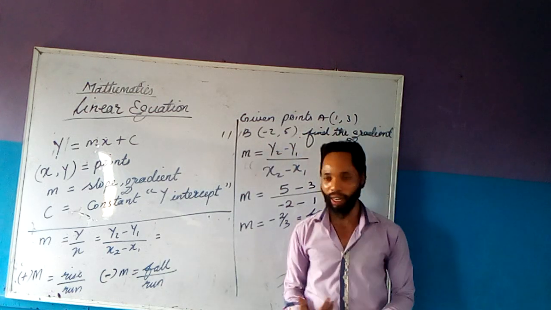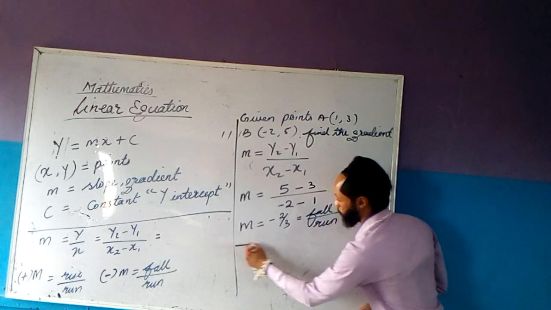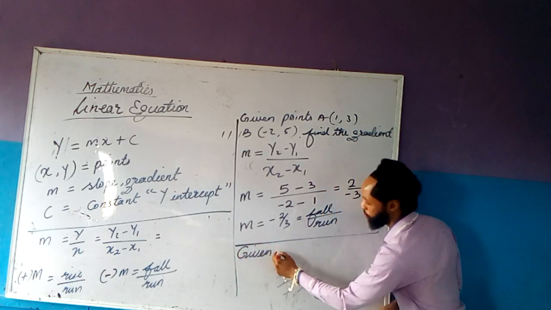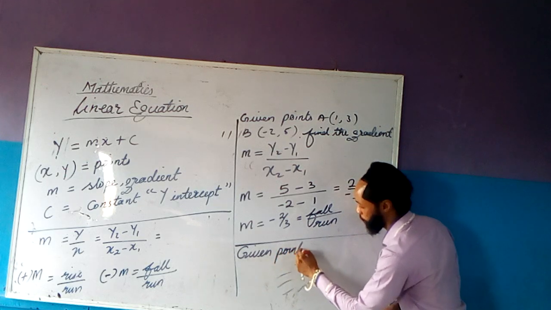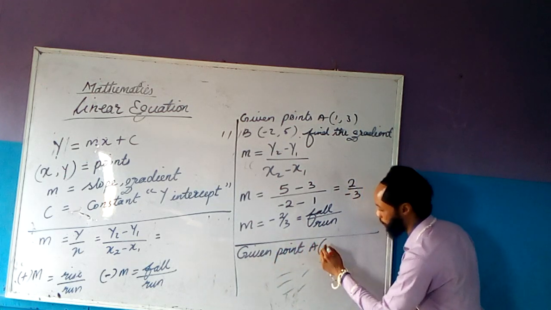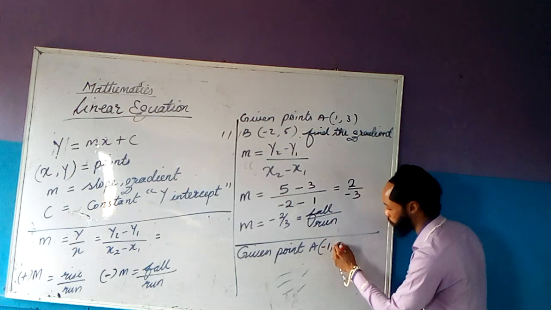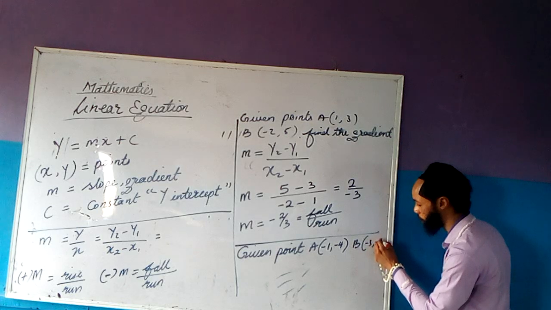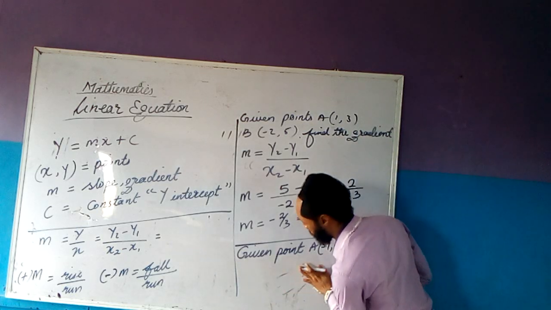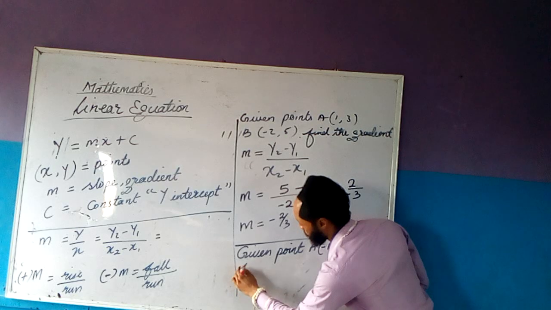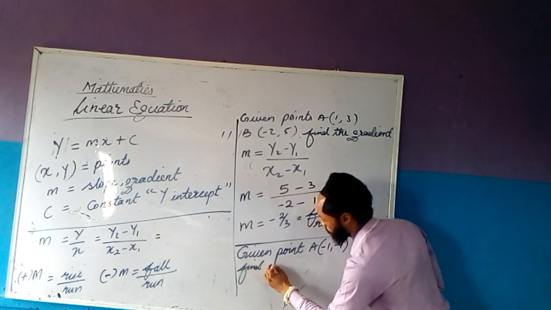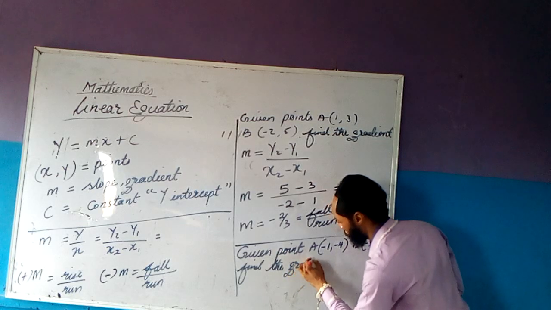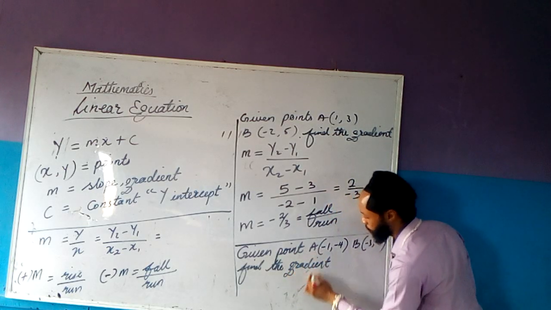Let's take another example. Given point A as negative 1, negative 4, point B as negative 3, negative 7.